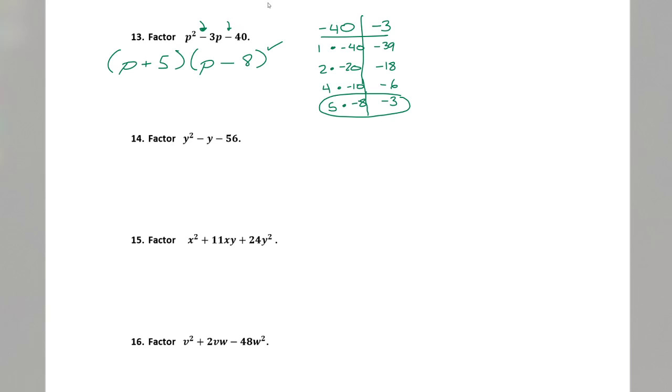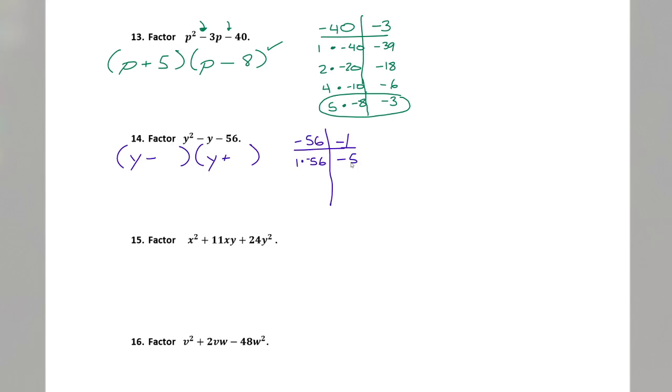The next one I'd like you to pause and try on your own. Remember that you're looking for factors of -56 that add up to be -1. Pause and then play again and see if you can answer. Alright, factors of 56, we have 1 times 56. Negative to the larger value because the sum is negative.